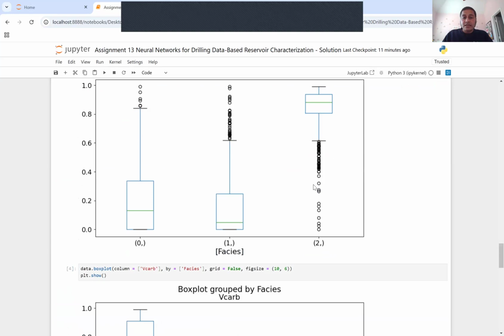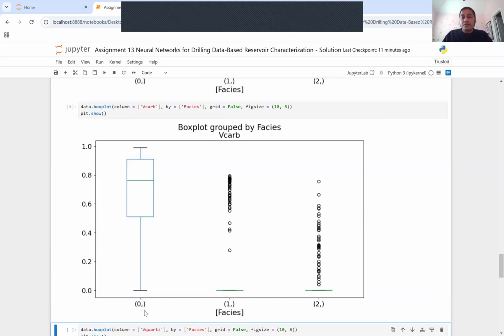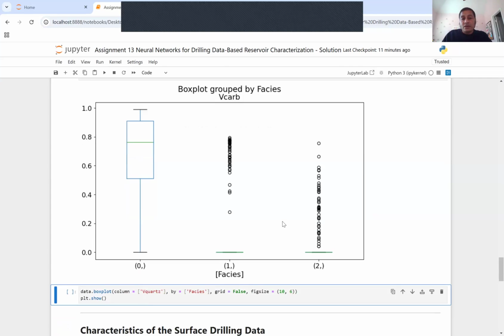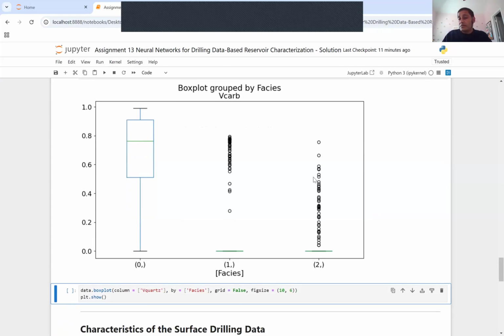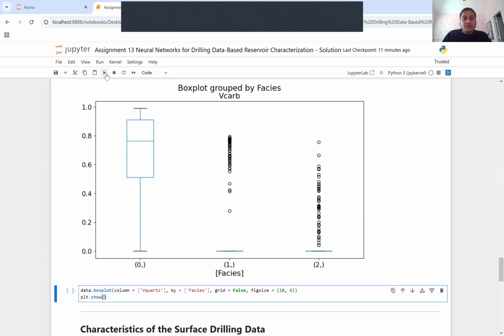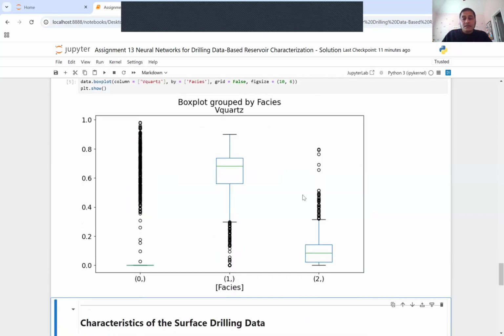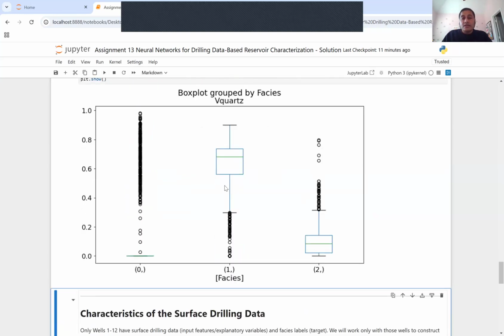And if you look at the calcite content or the carbonate content, you can see that facies 0 is predominantly carbonate, while the rest have a little bit lesser carbonate. And facies 1 is predominantly quartz. So that's what we have in terms of the mineralogy.